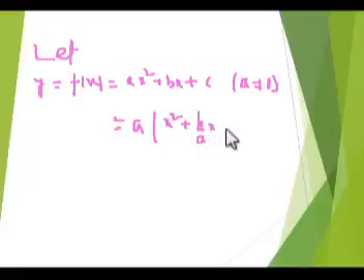So here it can be written in this way. If we take a common, this will be a times x square plus b by a x plus c by a.